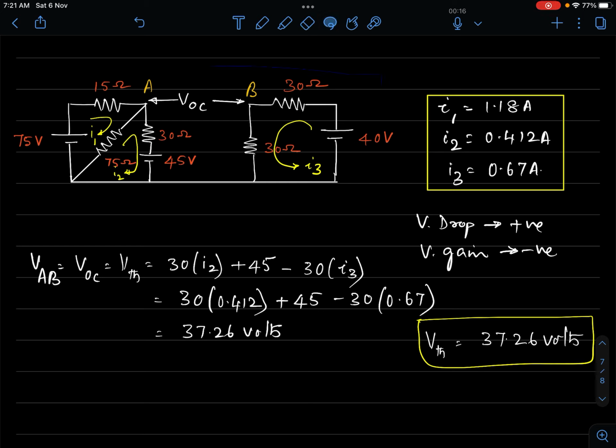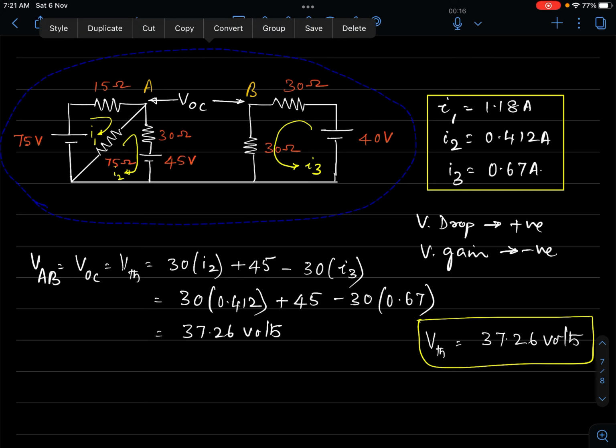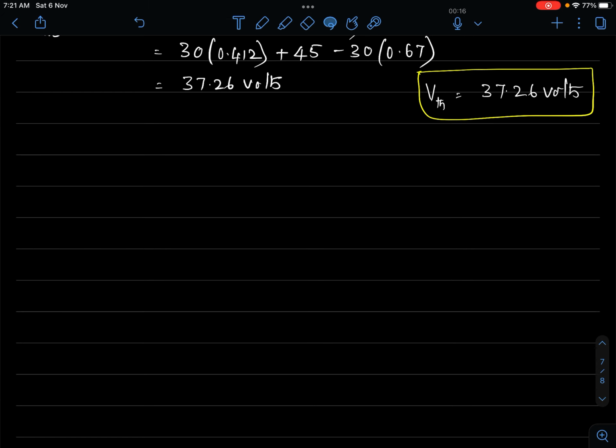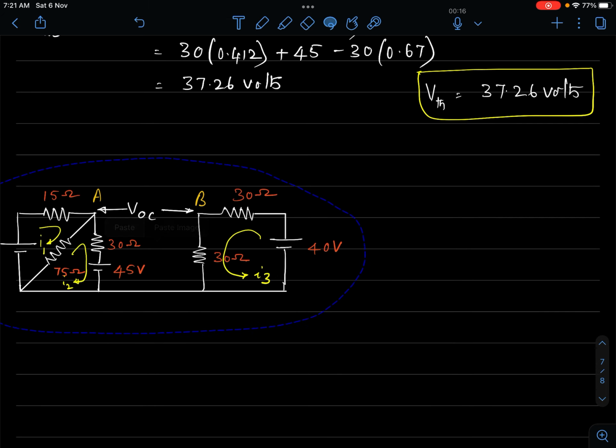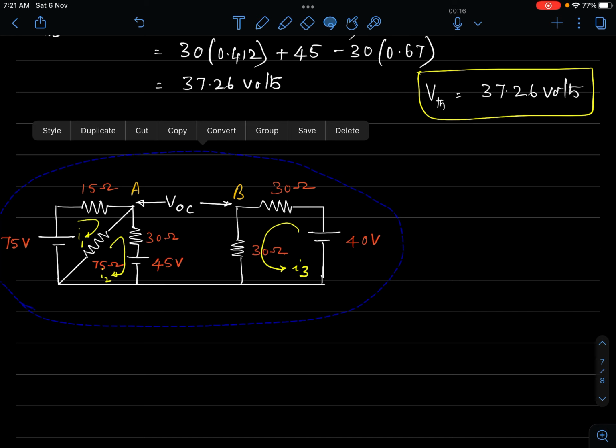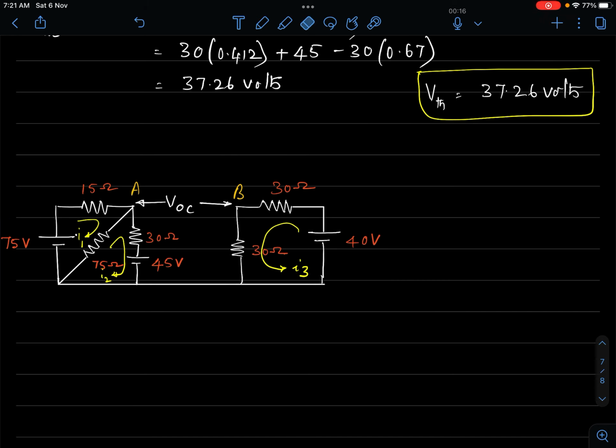I will pick up this network again. This I'll copy and paste it here. Now I'll remove all these things, the currents, etc. The things that I have marked I'll remove so that it doesn't cause any confusion.